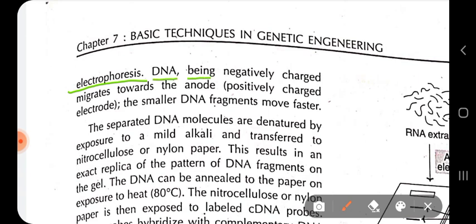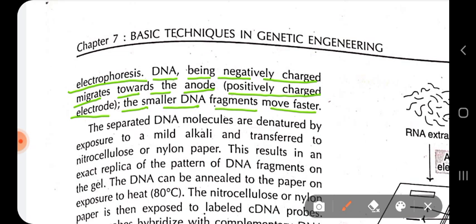Now DNA, being negatively charged, migrates towards the anode, the positively charged electrode. The smaller DNA fragments move faster than the larger DNA fragments.